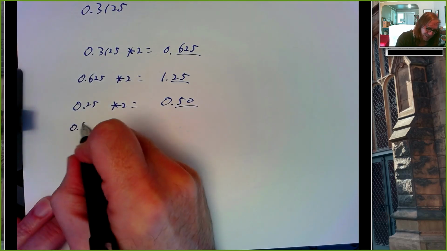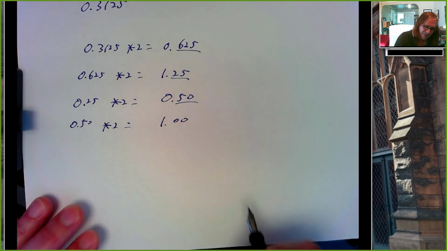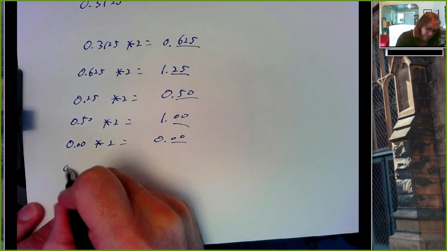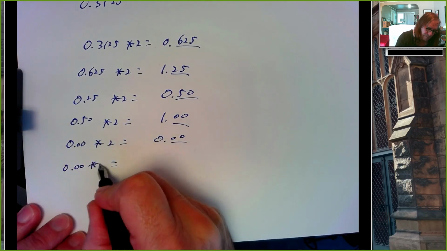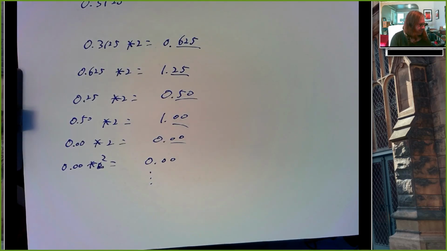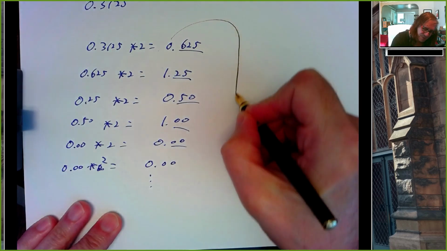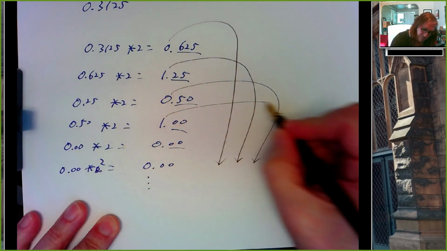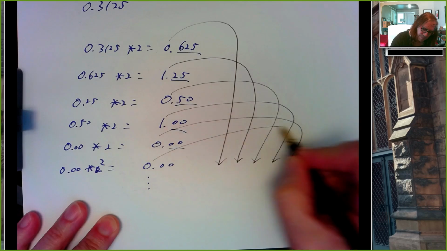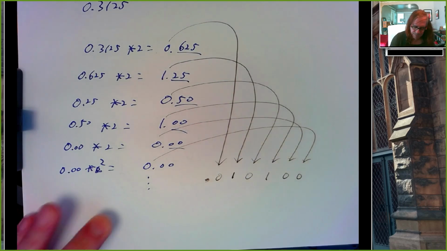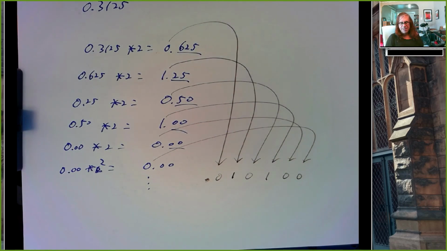Take the decimal part, multiply by 2, we get 1.00, and now we're going to keep repeating, and so on. In this case, we take the digits that came before the decimal point, and that's going to be our number in binary.